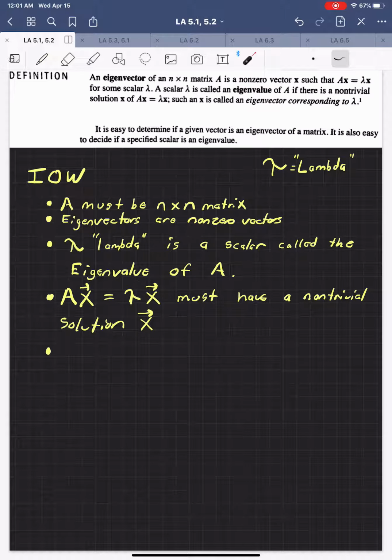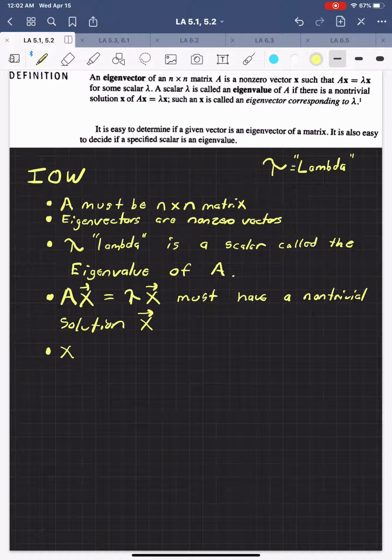So if there is a non-trivial solution x to this equation, that x is called an eigenvector. And what else is very important, and they're highlighting this by changing the font here, x is an eigenvector corresponding to the eigenvalue. Let me write that.